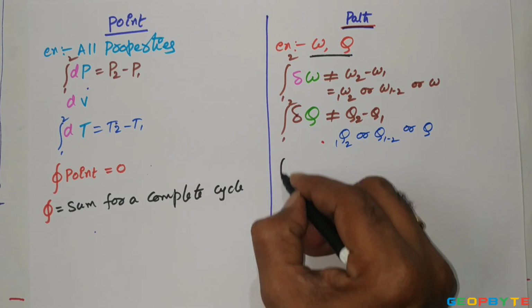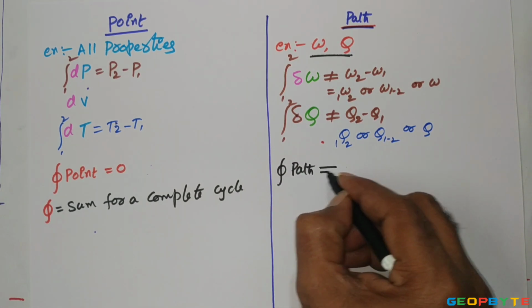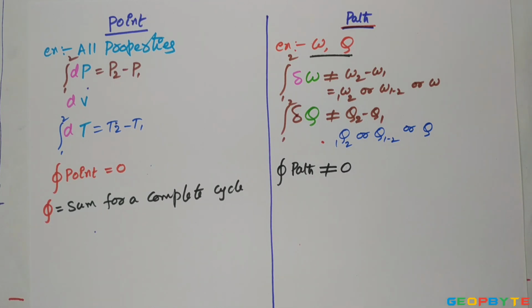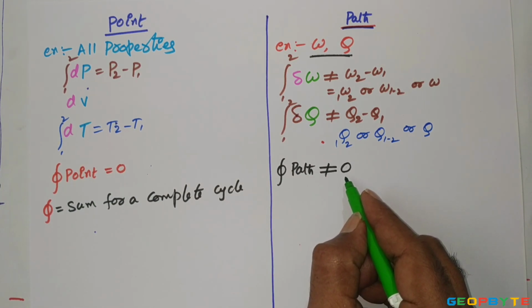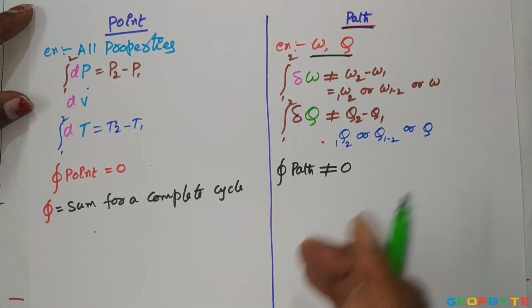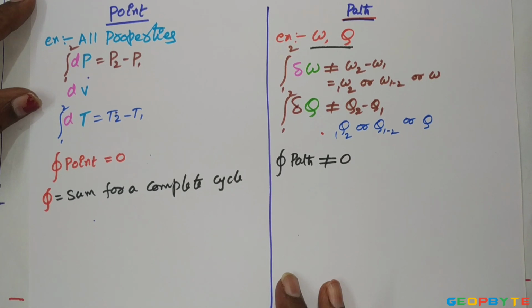But the cyclic integral of a path function quantity is never equal to 0. Very, very important point. Cyclic integral of any point function quantity equals 0. Cyclic integral of any path function quantity is never equal to 0. Once again, this symbol is used only for a thermodynamic cycle.